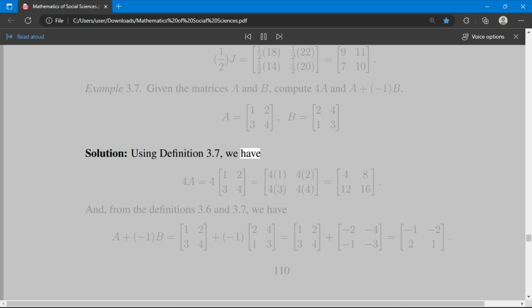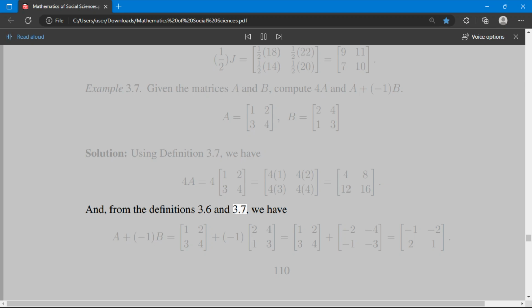Using Definition 3.7, we have 4A equals 4 times [1 2; 3 4] equals [4·1 4·2; 4·3 4·4] equals [4 8; 12 16].